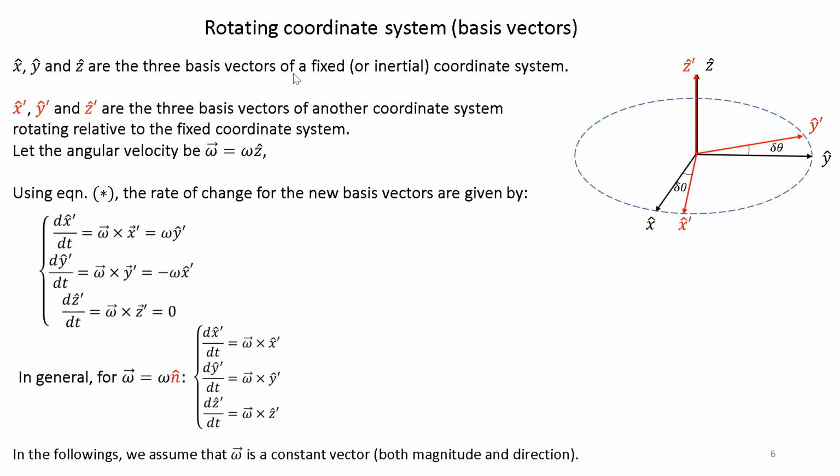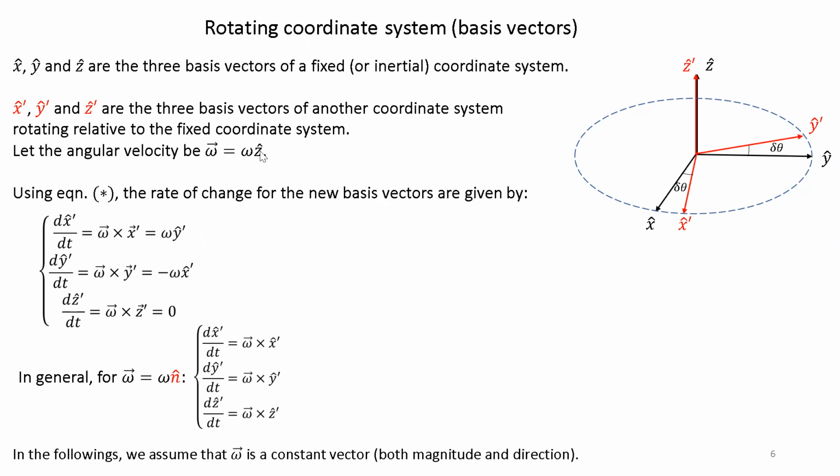As I already said, for a fixed coordinate system, x hat, y hat, z hat are the basis vectors. Now for the rotating coordinate system, to make it easier to follow, suppose the rotation is about the z-axis, with angular velocity omega z hat.